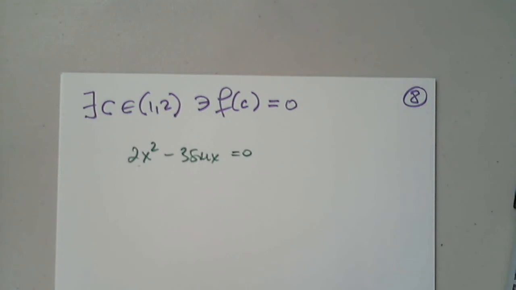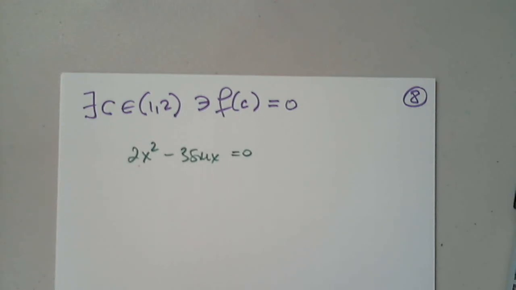We're not given an interval. And we are asked, use the intermediate value theorem to find an interval of 1 unit length, not more. 1 unit length, where the function has an x-intercept.